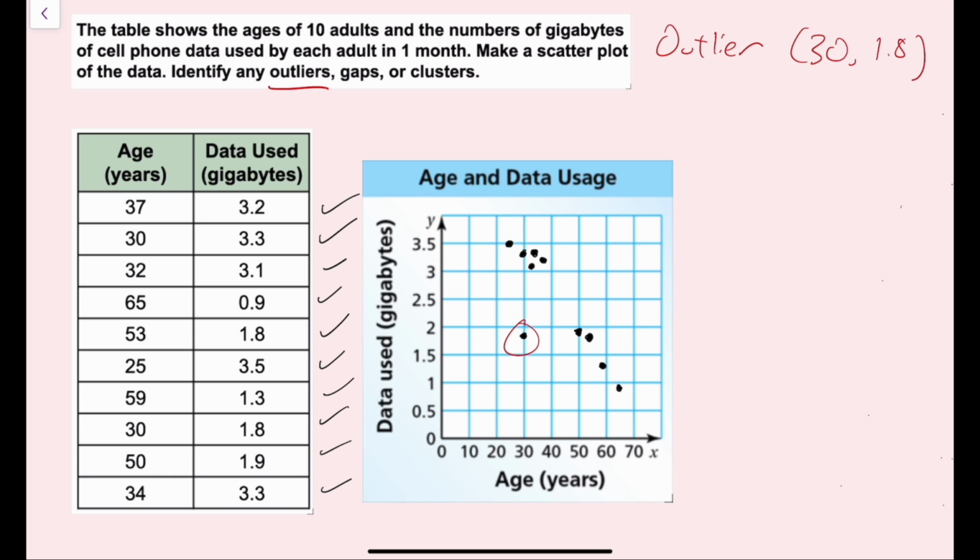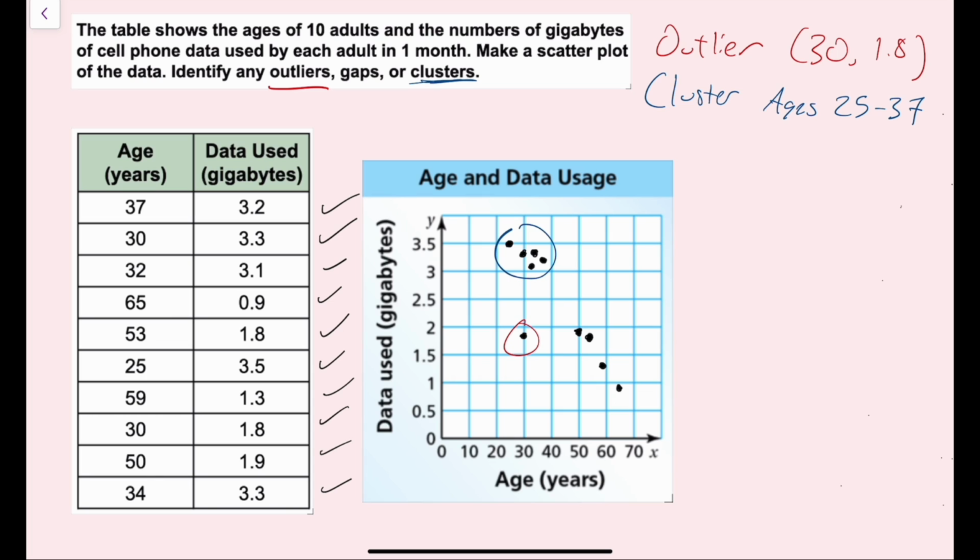We have a cluster of data in between the 25 to 37 range right here. A cluster is when the data is really close together. So I'll say that's from ages 25 to 37. That's my cluster right there.